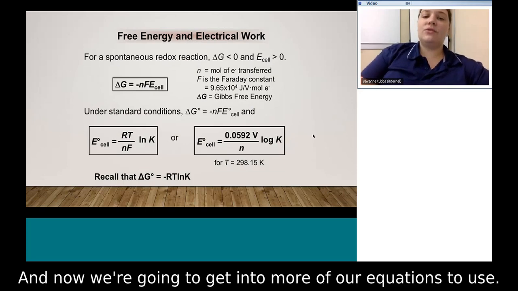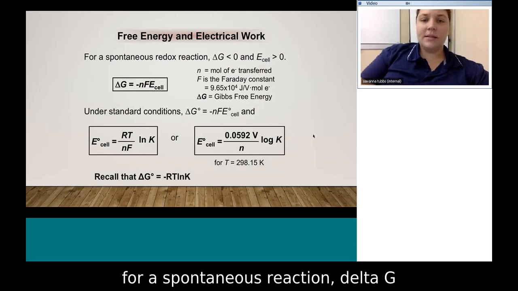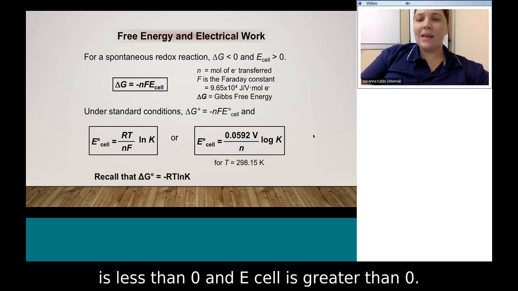And now we're going to get into more of our equations to use. So free energy and electrical work. For a spontaneous reaction, delta G is less than 0 and E cell is greater than 0.